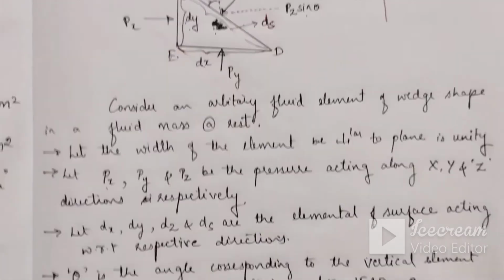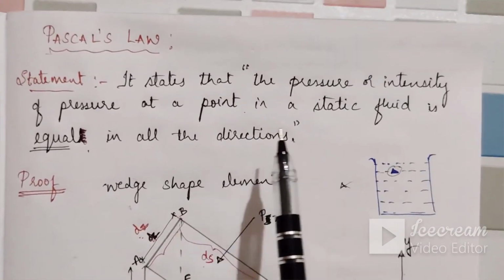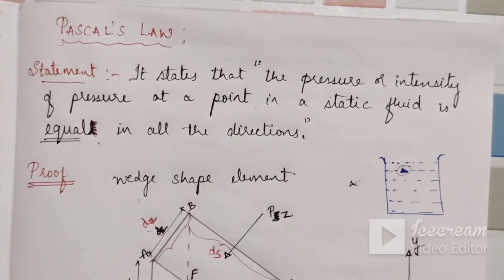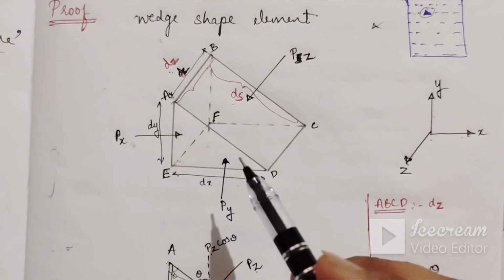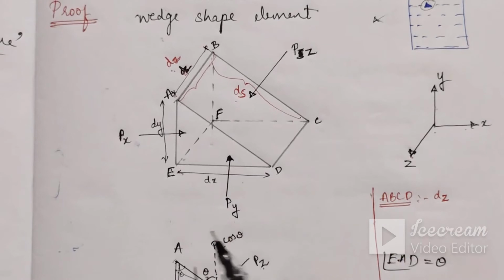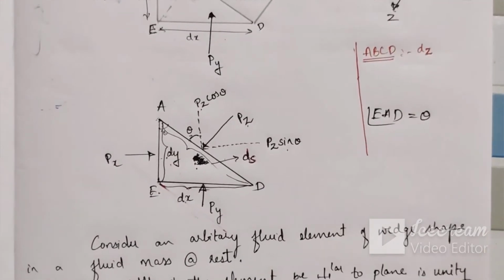Okay, so I'll sum up. What is Pascal's law? It states that the pressure or intensity of the pressure at a point in a static fluid is equal in all directions. So we took a wedge shape. We also assume that the width of the element perpendicular to the plane is unity.